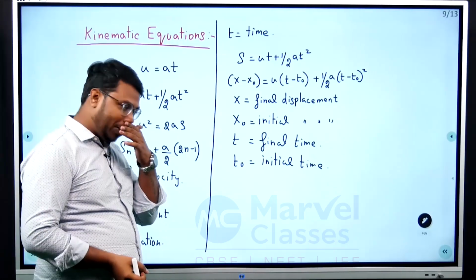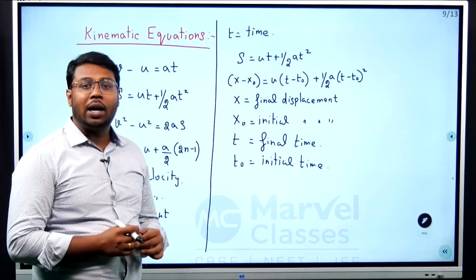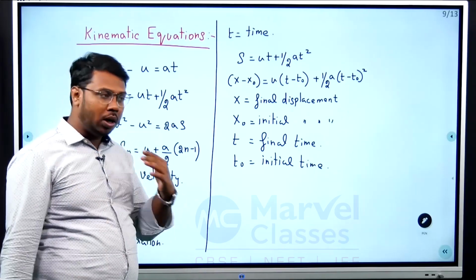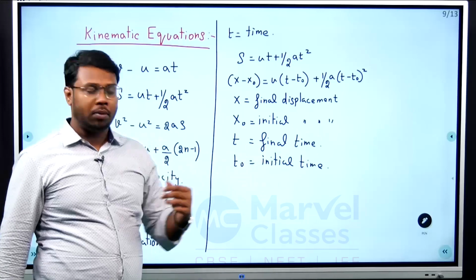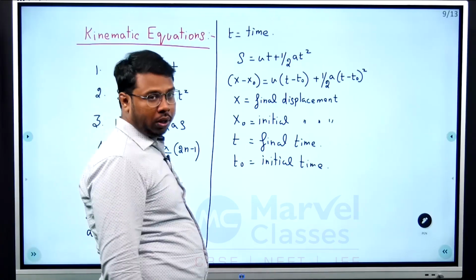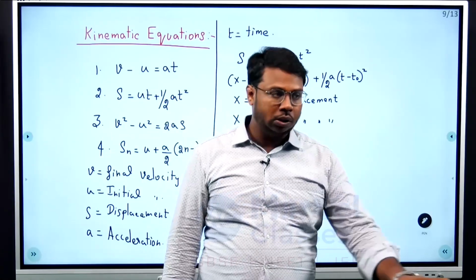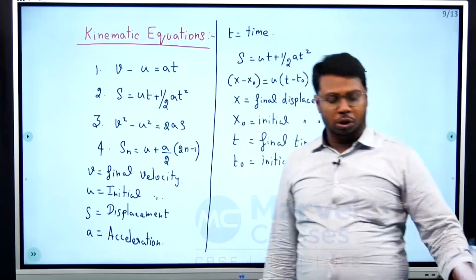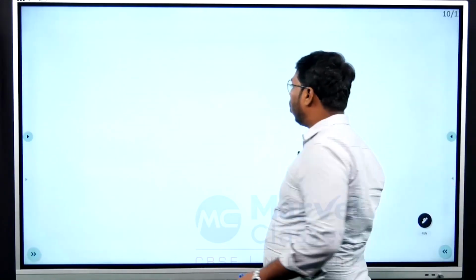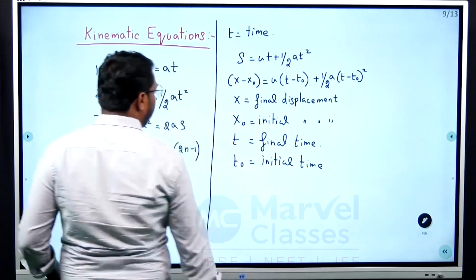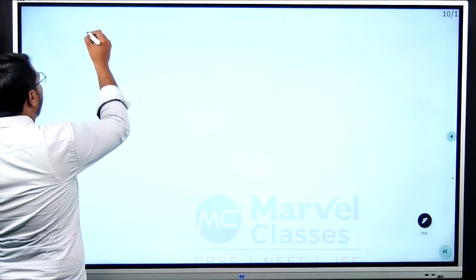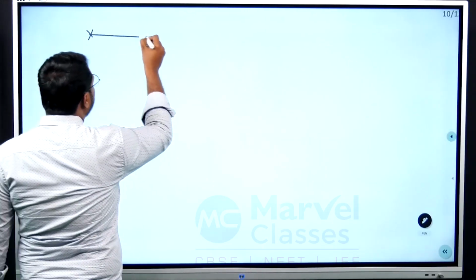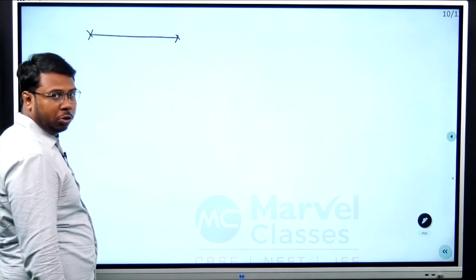You see, these kinematic equations are actually designed in such a way to work only from the beginning. For example, I came across a question where the problem is designed this way. A body starts from here and goes to some final position.